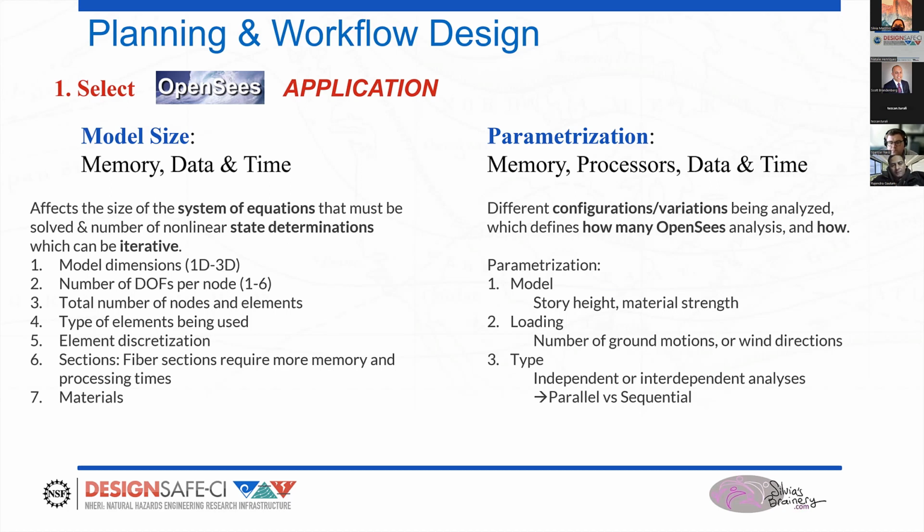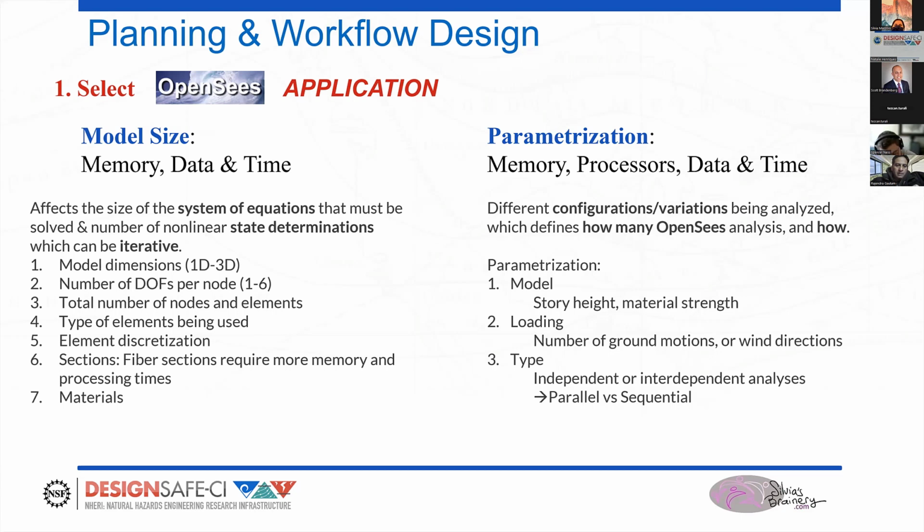And then sections: if you're using fiber sections, for example, they require more memory and processing time. Fiber sections in OpenSees are really there for PM interaction and PMM interaction, right? So they should only be used in columns that have enough variation in axial load or enough biaxial bending to affect the response.